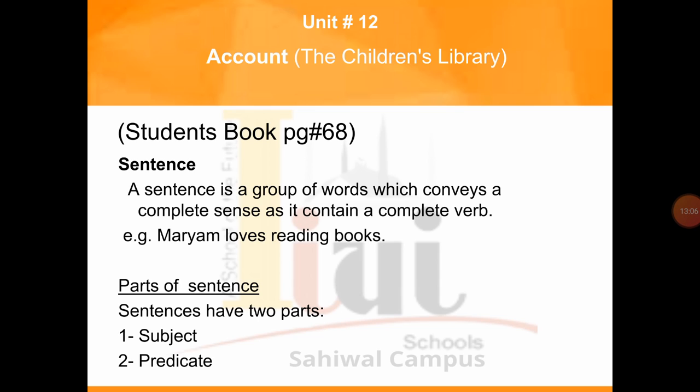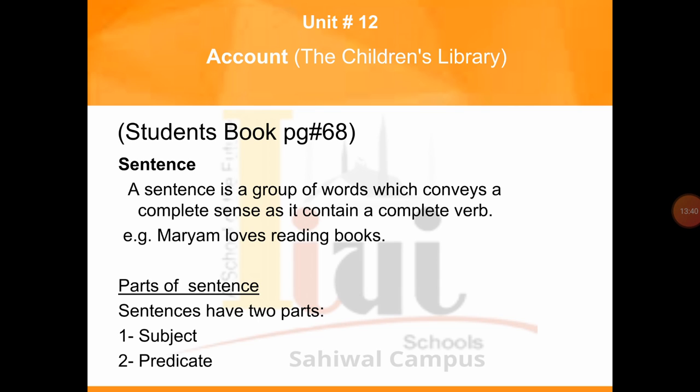Dear students, you all know what a subject is. I don't need to tell you what a subject is, but still I am again explaining that a subject is a noun or a pronoun that is the action doer. कोई भी noun या कोई भी pronoun जो कि usually, not always but usually comes at the beginning of the sentence, ऐसा noun या ऐसा pronoun जो कि action perform कर रहा होता है उसे हम कहते हैं subject.